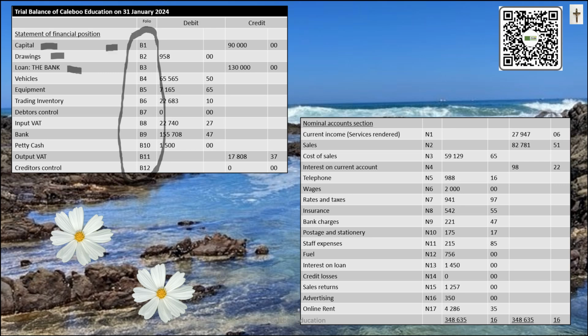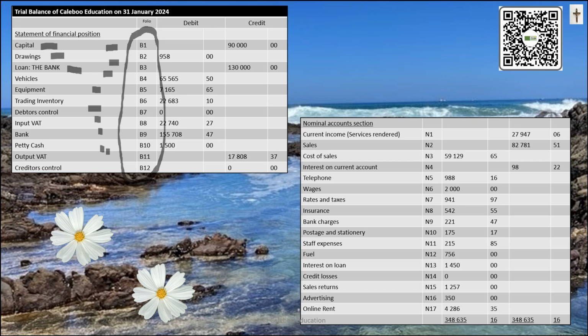But these are the references for each account, the folios for each account, B1, B2, B3, B4, B5. So when I do the ledger accounts, you'll understand where these folios B1, B2, B3 have come from. When the accounts were set up, they were given these folios.